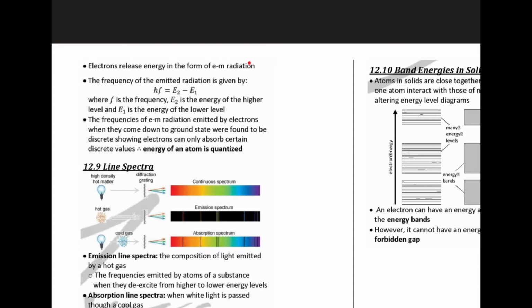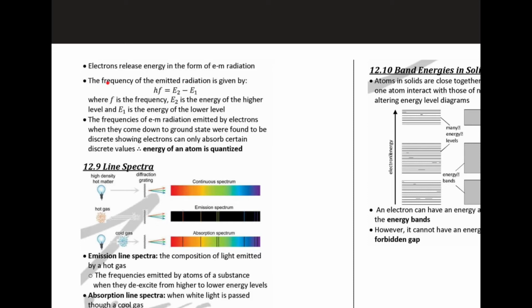Maybe you feel like, oh, what kind of electromagnetic radiation? Is it gamma ray, or UV ray, or visible light, or radio wave? So which electromagnetic radiation is emitted? We need to do a calculation to find it out. It depends on its frequency, of course. So that's why we have a formula here, which is on the next point.